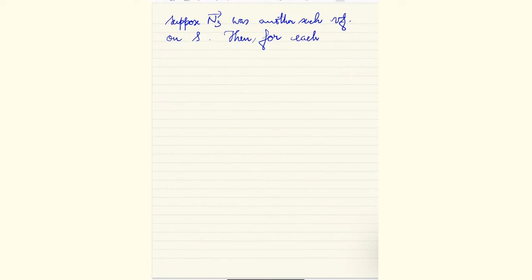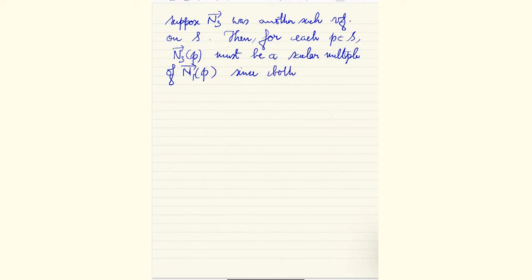So it has to be a scalar multiple of n1.